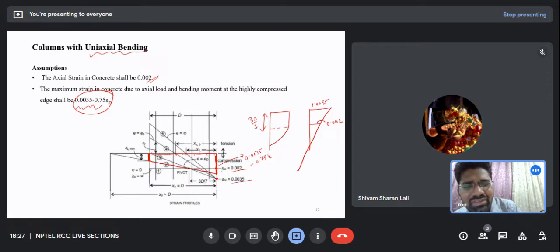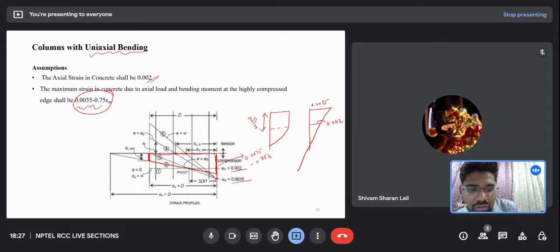You can easily figure out with the help of similarity of triangles where this 0.75 comes from. I leave it to you. And as the compressive stress increases, it will reach 0.0035.